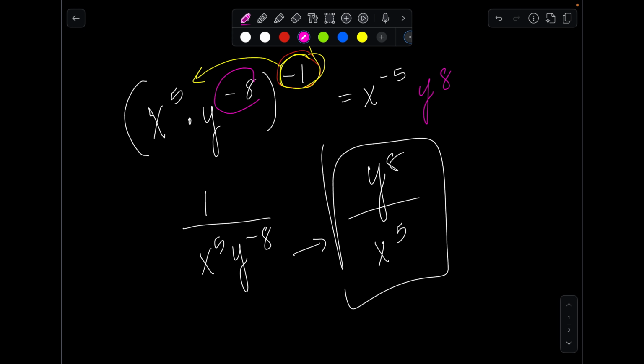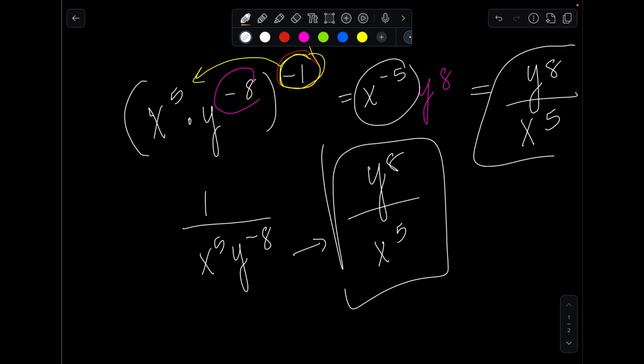So negative and negative is positive. This is probably the better way of doing it. So who goes to the bottom? The y to the 8th stays. This goes to the bottom. So either way, that's how you maneuver that kind of question, okay?